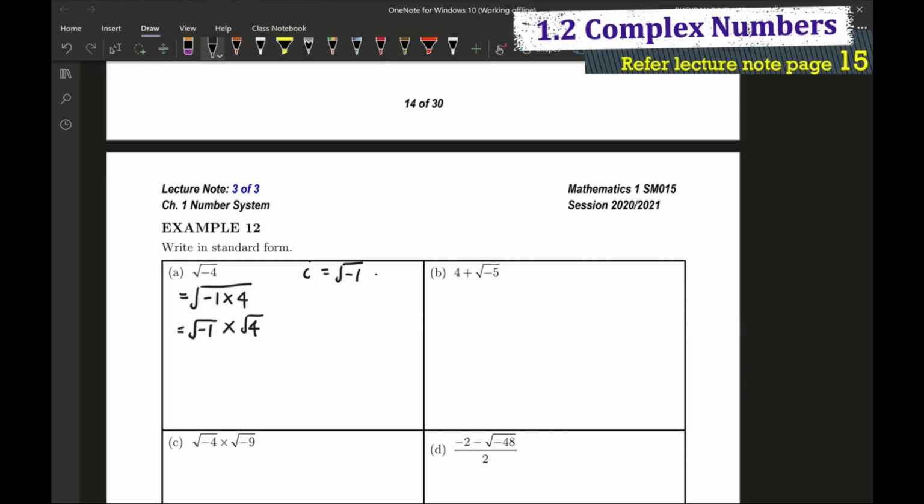Can we solve this? Okay, again by definition, from our previous page, the square root of negative 1 is equal to i. So this one we can write as i. What about the square root of 4? The square root of 4 is equal to 2. So our final answer is 2i.